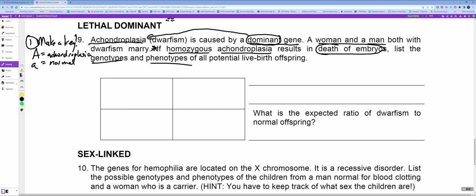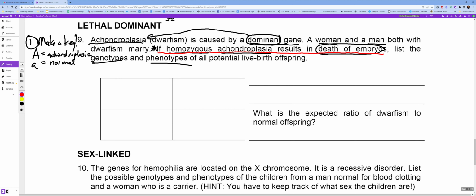And that's what I'm putting a star by. I'll underline it in red here. Homozygous achondroplasia results in the death of embryos.